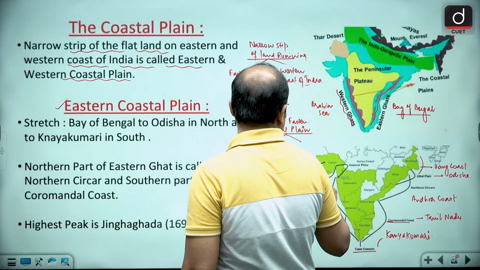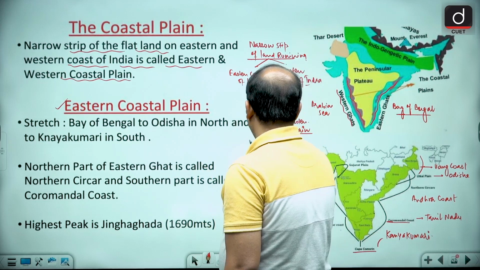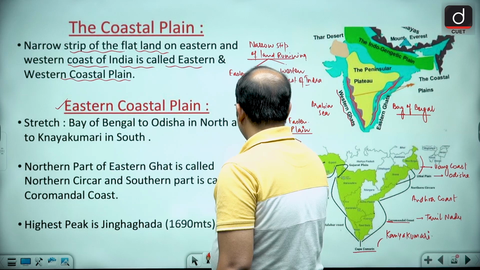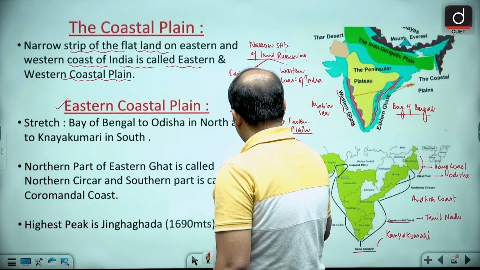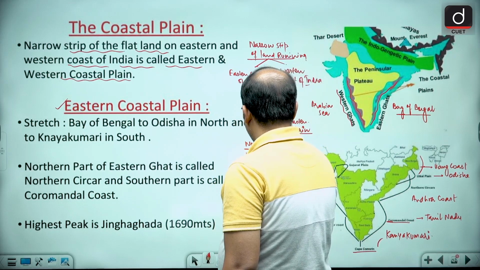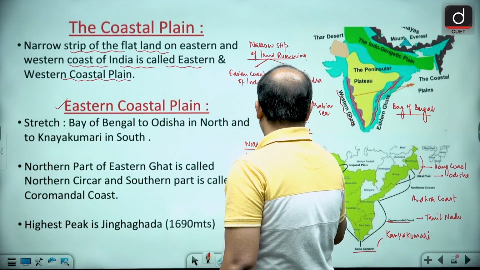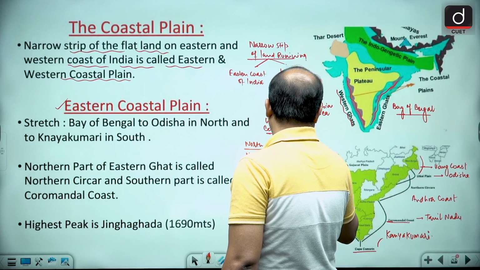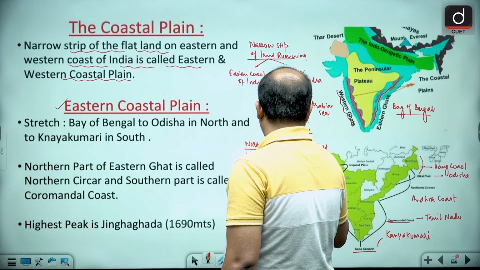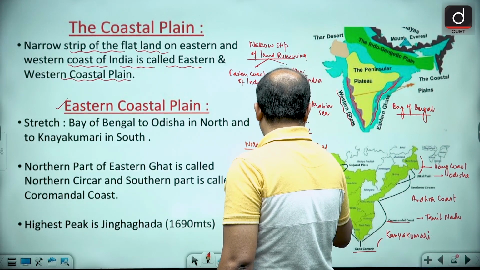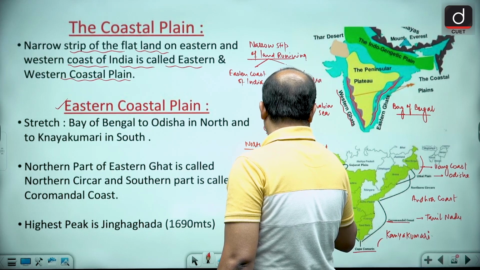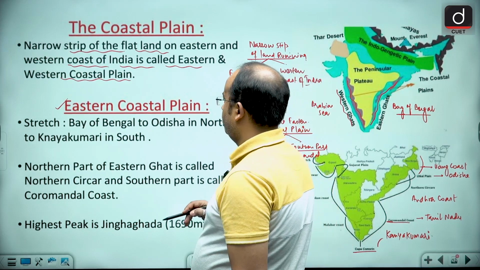The northern part of the eastern coastal plain is called Northern Sarkar, and the southern part is called Coromandel coast.